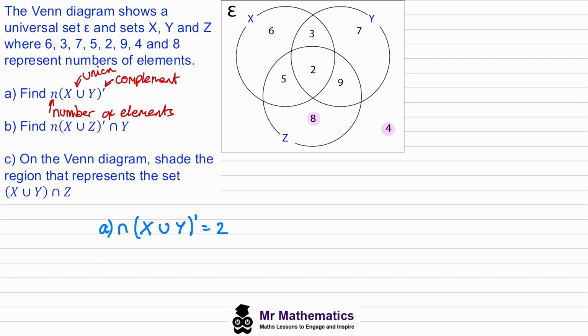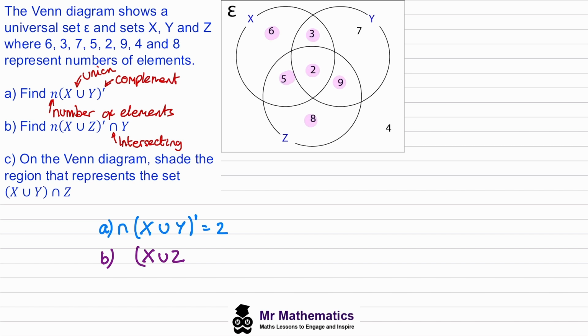So for part B, find the number of elements where we have a complement of x in union with z intersecting with, and we can think of intersecting as an and. So not x or z, and it must be y. So we'll begin with x in union with z, which are these elements.